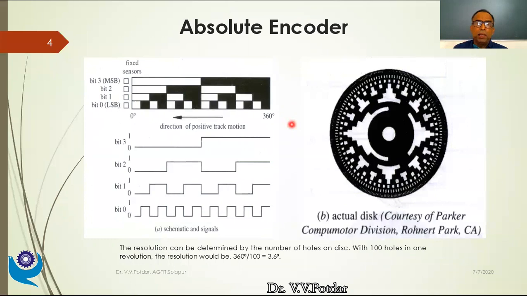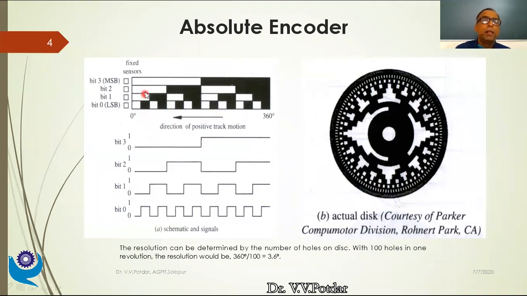So the minimum resolution of position that I want, maybe 2 degree, 14 minutes, 30 seconds, and maybe 20 milliseconds. To that accuracy, or to that significant digit, if I want to measure the position, I will be having that many tracks. I hope you are understanding.